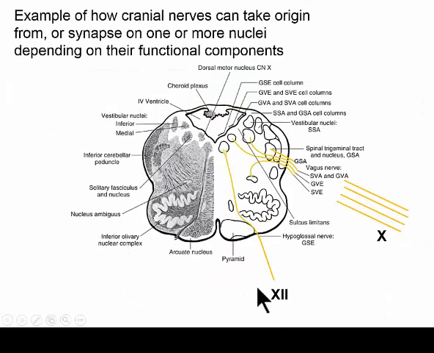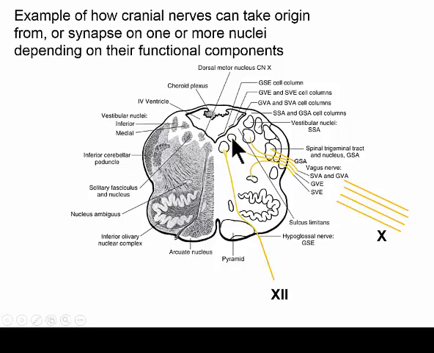In this simple drawing, I threw in here just to remind you that depending on the complexity of the cranial nerve, some will use only one nucleus. Here, the hypoglossal nerve just simply uses the GSE hypoglossal nucleus. Fibers coming out. There's no sensory portion of this tongue nerve here. But then the vagus goes crazy. The vagus is going to draw fibers from all over the place here. Are they labeled here? Help me out here.